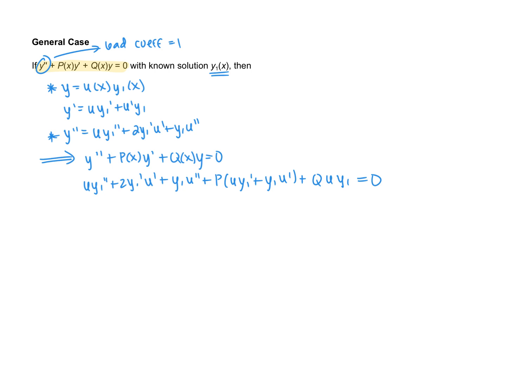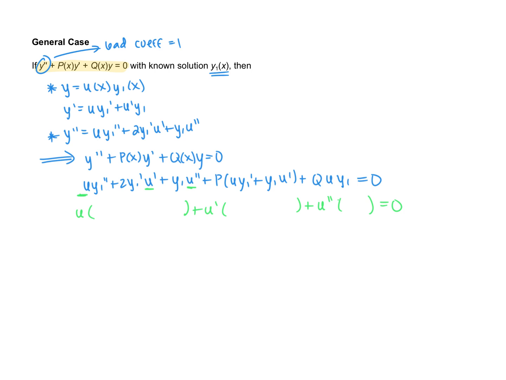Okay, so ultimately I have u prime and I have u double prime, so I'm going to need to do a little bit of factoring. I'm going to change this so that I have u multiplied by something, u prime multiplied by something, u double prime multiplied by something is equal to 0.